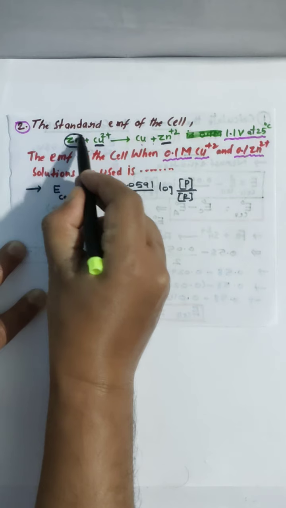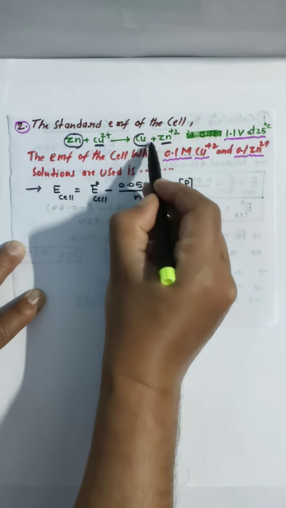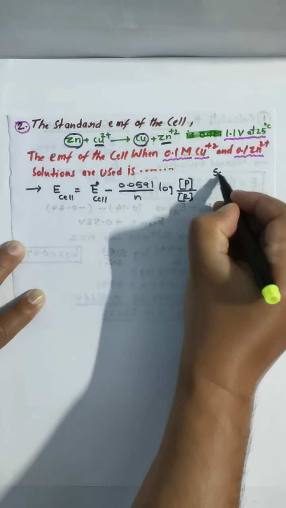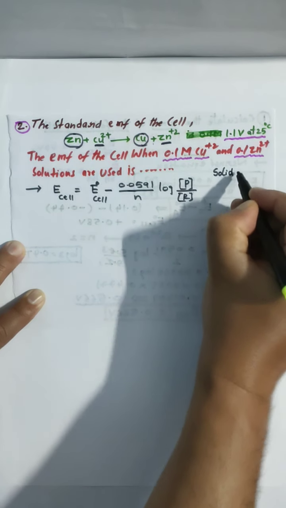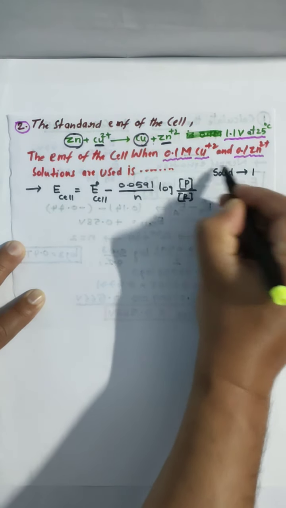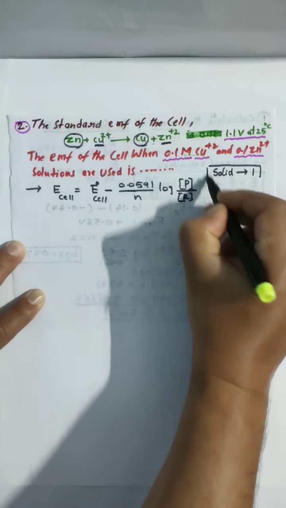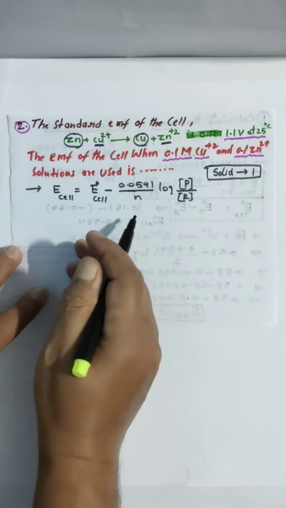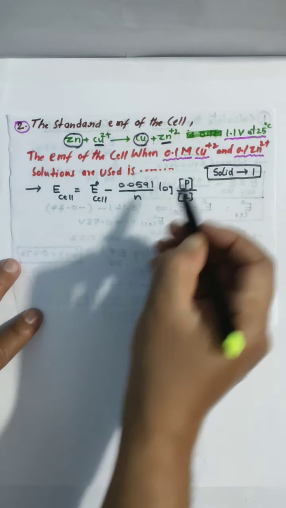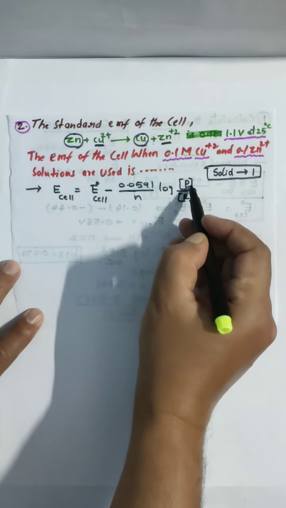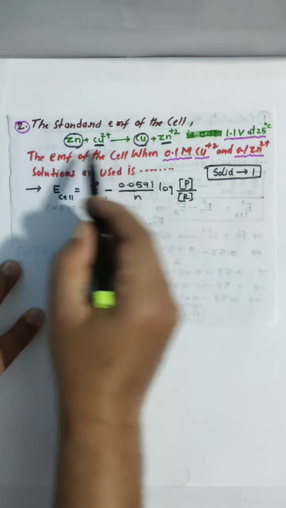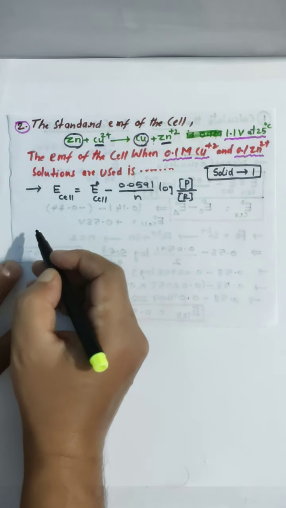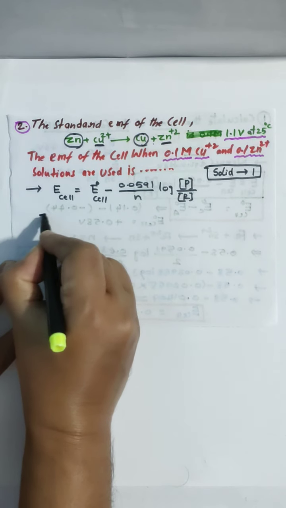This is a solid. Solid concentration is always 1. Remember, solid electrodes are there, their concentration is always 1. That's why we are not taking it. So the formula is ready. Here the product is zinc 2 plus and the reactant is copper 2 plus. Clear? Now substitute the values.